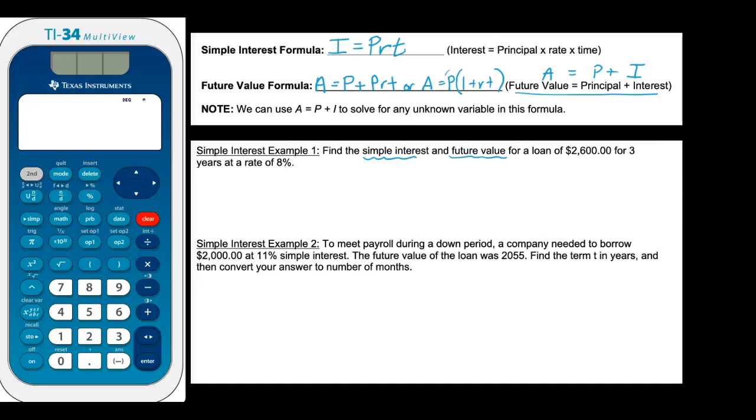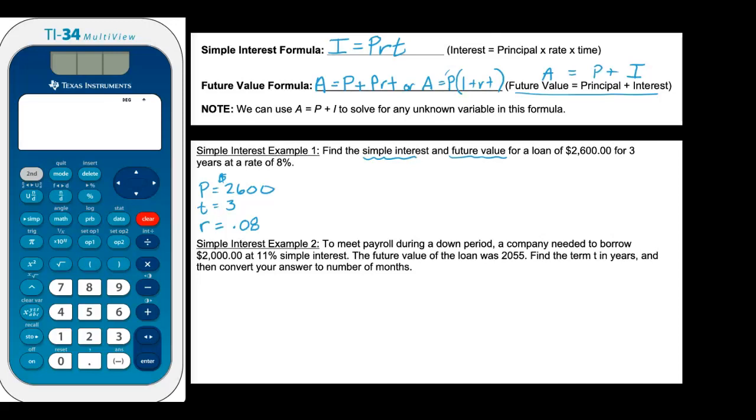So if the loan is $2,600, then that's going to be P. So P is equal to $2,600. We know 3 years, so my term is going to be 3, and then rate 8% is 0.08.